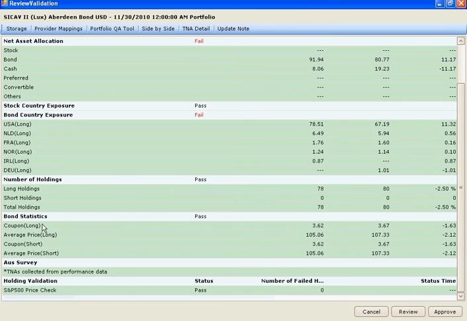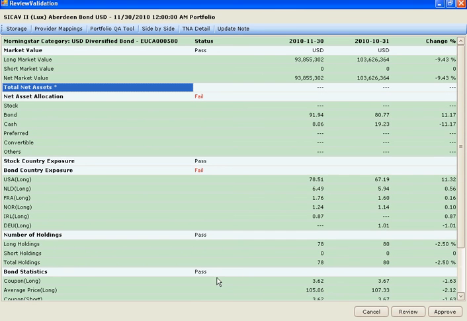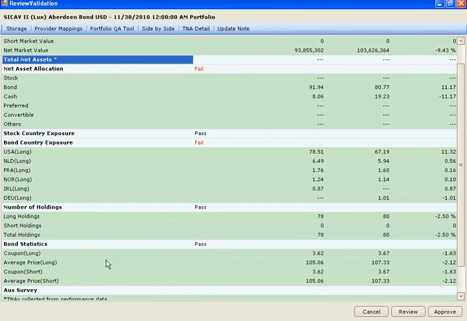Then bond statistics. Holding validation price check. Here we use the price check. We just look at these top 5 parts.